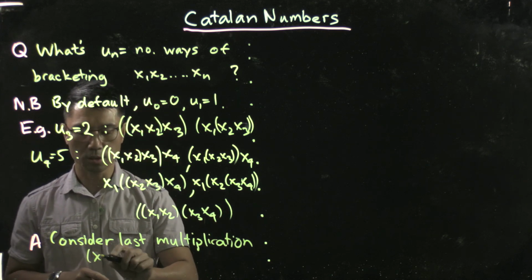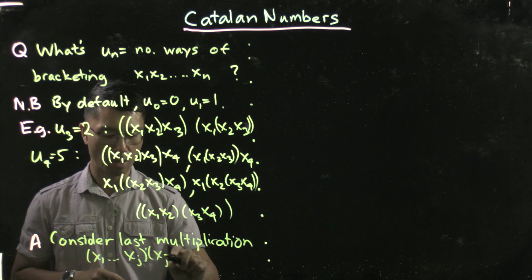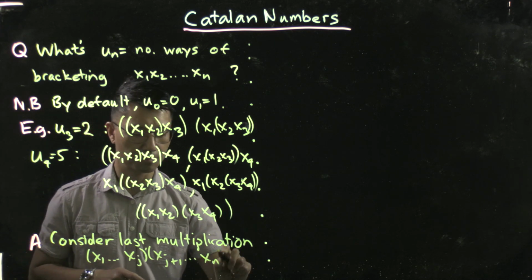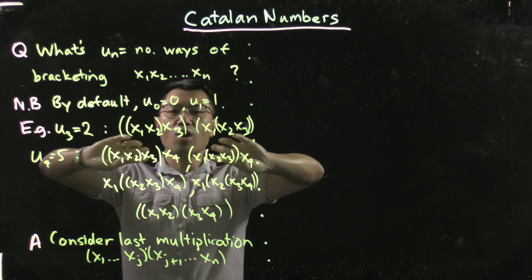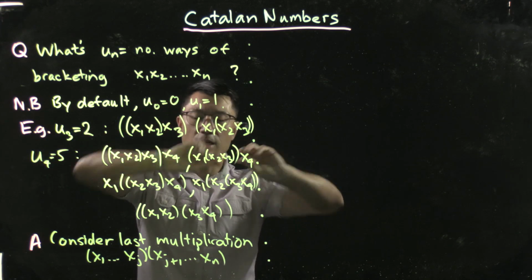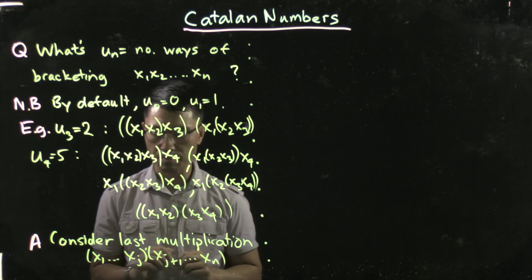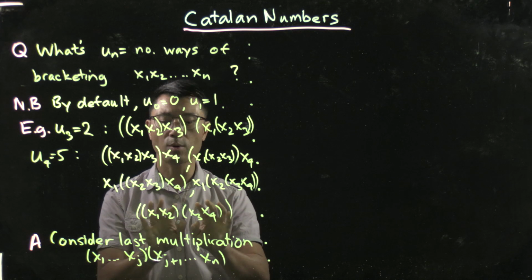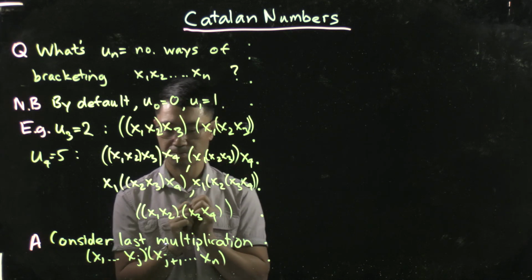You go x1 up to xj, and then xj plus 1 up to xn. In the first two cases here, x4 is multiplied by the first three. In the second two, we have x1 times the last three. And in the last one, we have the first two multiplied by the last two.